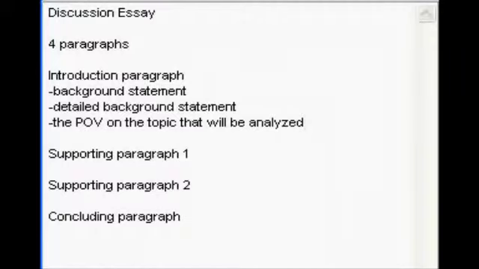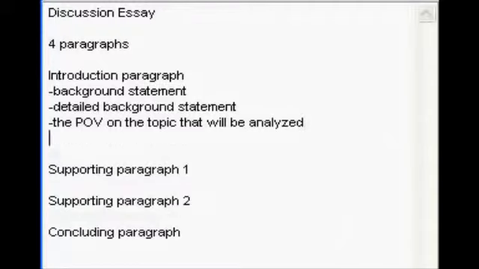So if you're writing this for an IELTS exam, it's going to be probably 2 points of view on the topic that you're going to look at. Okay, and then obviously the first one is going to appear in supporting paragraph 1, and the second one is going to appear in supporting paragraph 2.